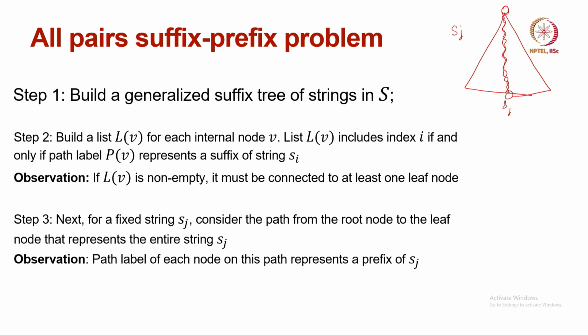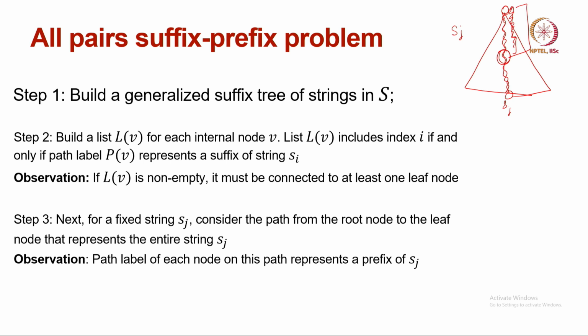Now, the observation here is that if you look at this path from the root node till the leaf node, and if you focus on any node on this path, then the sub path from the root node to that internal node represents a prefix of the suffix Sj. So, if I focus on this path, then this represents a prefix of string Sj, right.